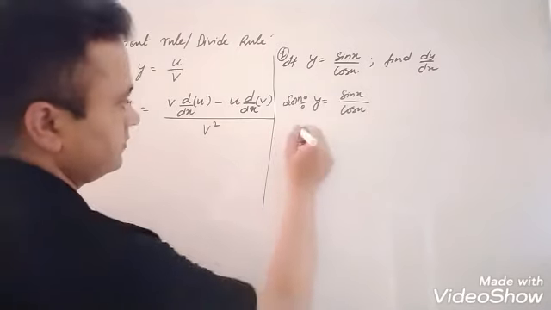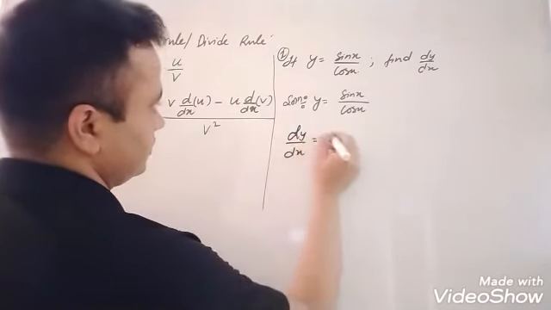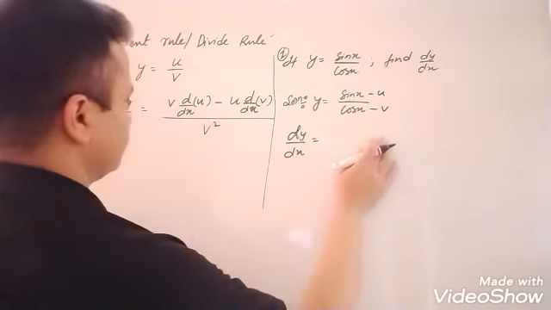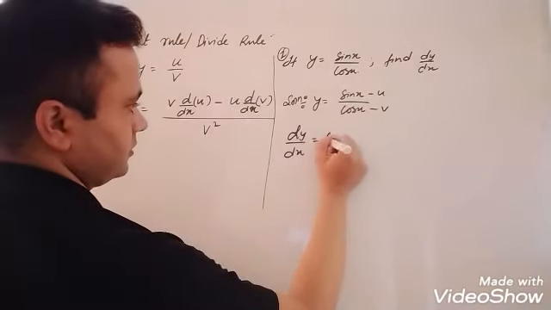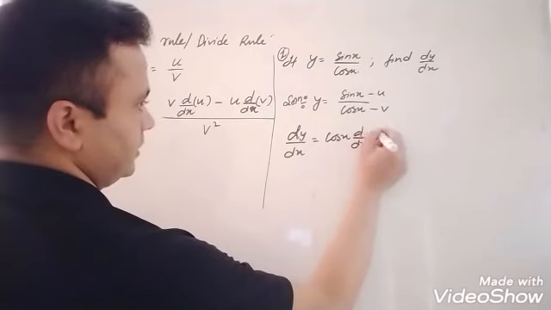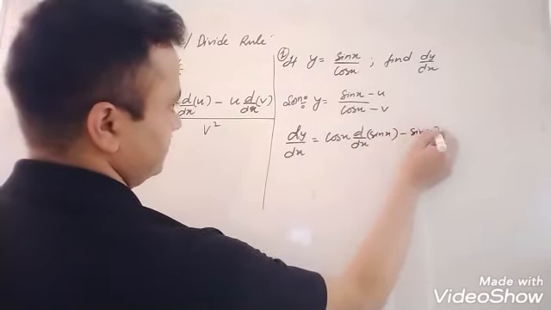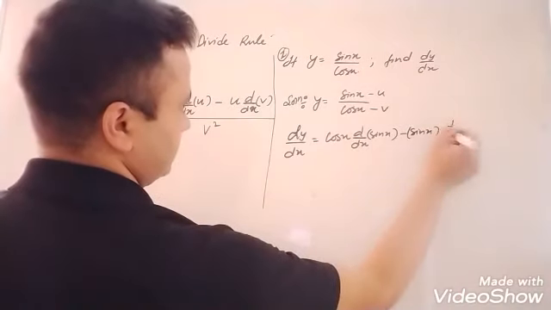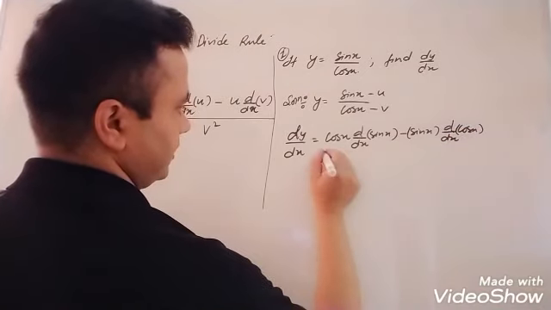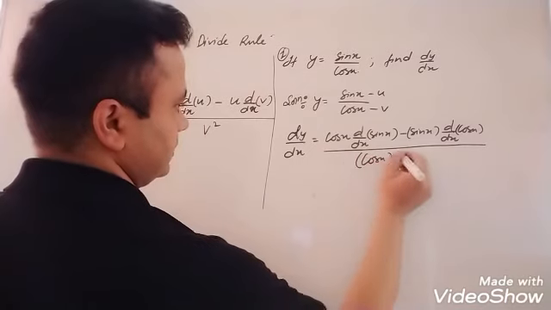So dy by dx equals, now this is u and this is v. First we have to write cos x, denominator, differentiation of numerator, minus numerator, differentiation of denominator, cos x, divided by denominator square, cos x whole square.